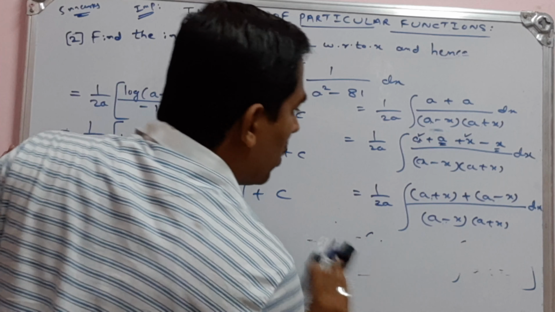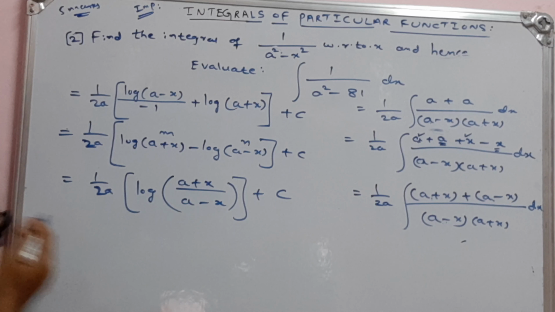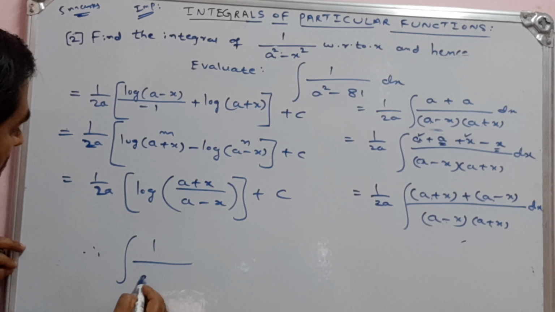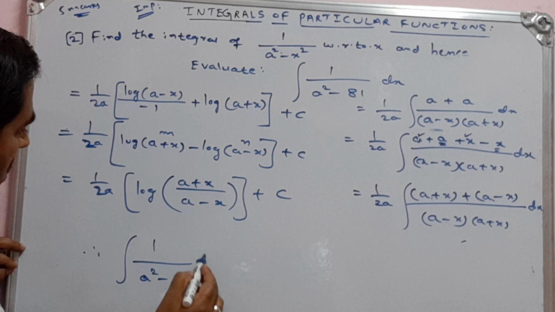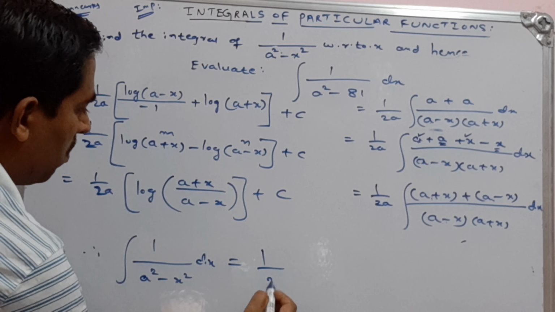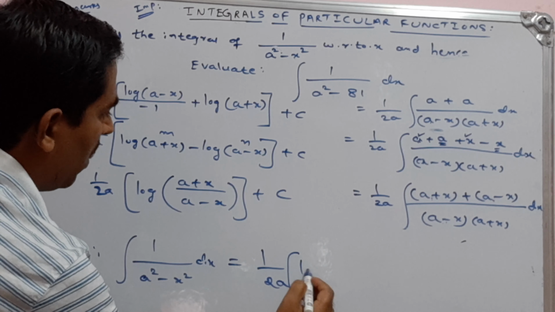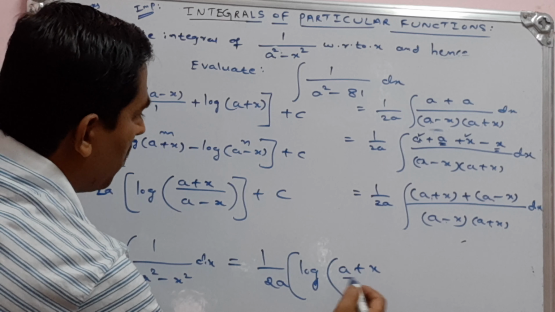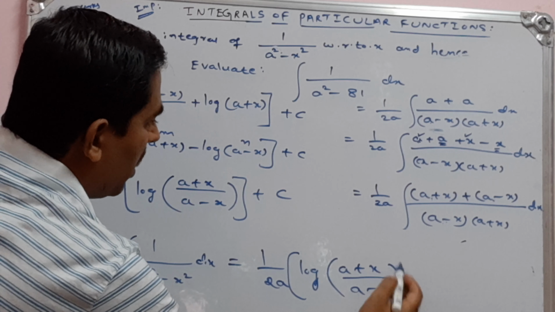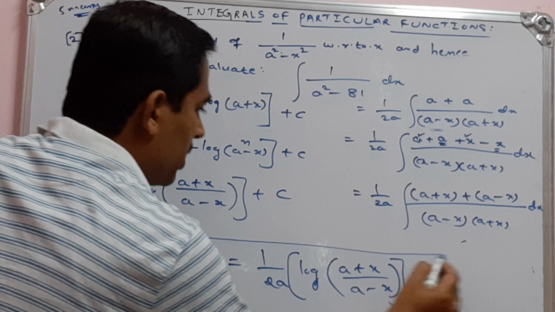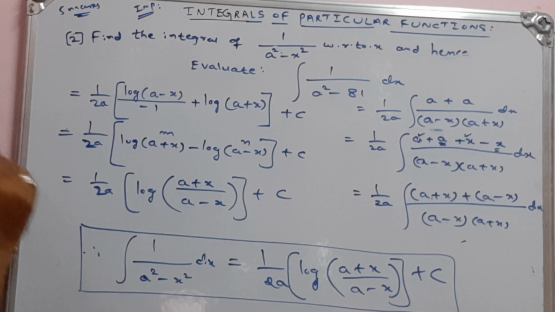So what I got at the end, our standard result, let me write it here. 1 by a square minus x square gives me 1 by 2a into log of a plus x divided by a minus x plus constant of integration. So this is our second standard result.